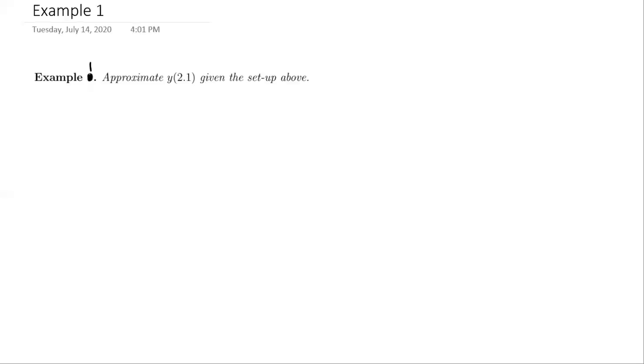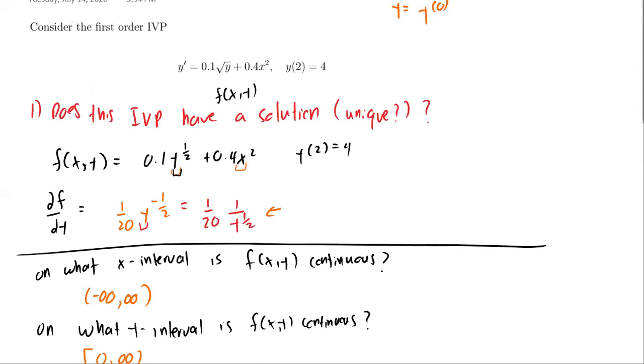We're going to do it again as an example. We'll work through how the algorithm works, and then I'm going to give you the general form of the algorithm. So approximate y of 2.1 given the setup above. Since I wrote a lot on this slide, let me rewrite the setup.